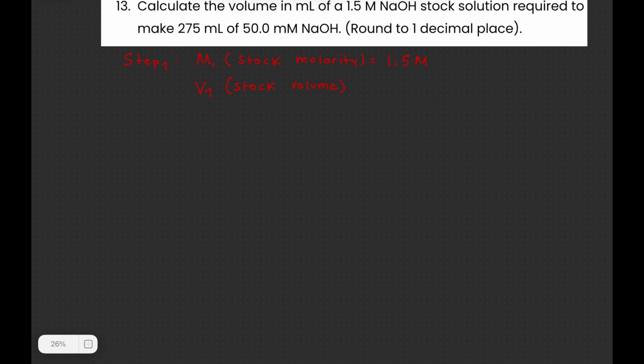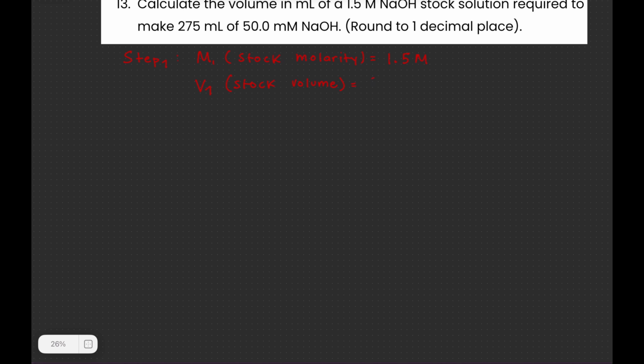Alright, so step 1 is let's go ahead and identify our variables. So we know M1, that's going to be our stock molarity, and that is 1.5. V1, which is our stock solution or stock volume, and so this is what we are looking for.